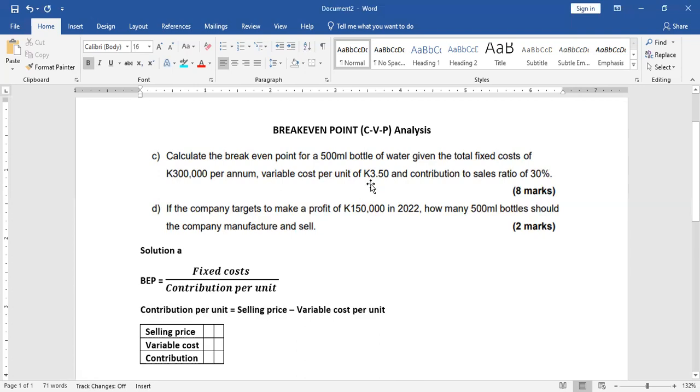So that's where the key is. So we cannot easily calculate the contribution per unit. But we use the percentage of contribution to sales ratio to calculate what the selling price could have been and what the contribution could have been, and straight away we can get out of it and earn our marks.